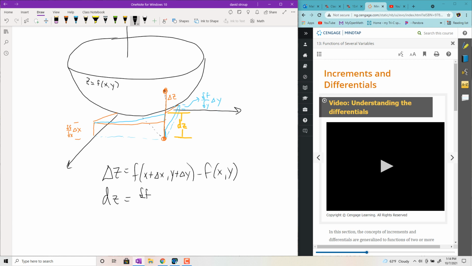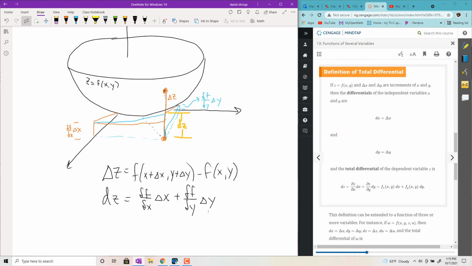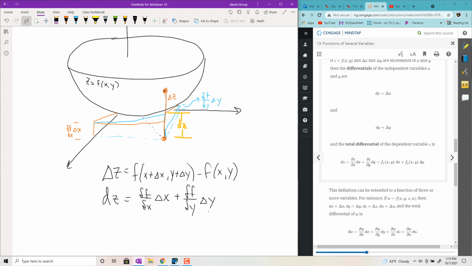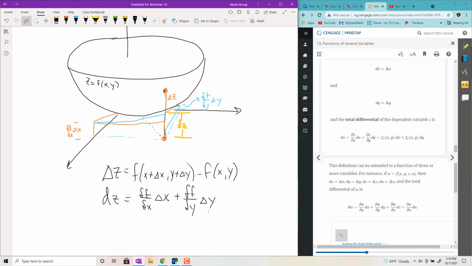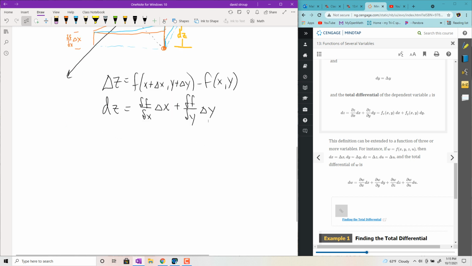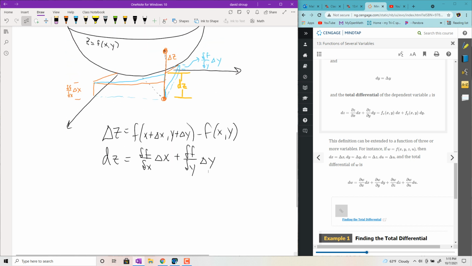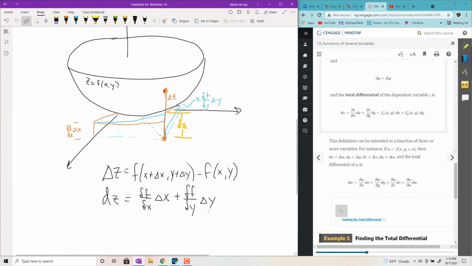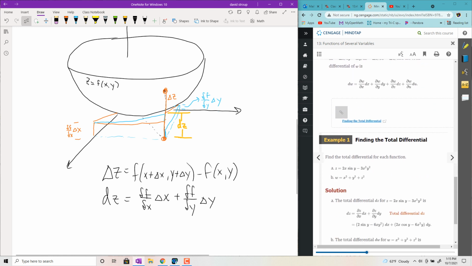So you get the partial of f with respect to x, dx, plus the mini differential in the y direction. Okay, and then that's your total differential. I think they use z in the book exclusively for theirs, but you can use f if you would rather. You can extend this idea to more and more variables. You just keep on tacking on extra differentials for the extra dimensions.